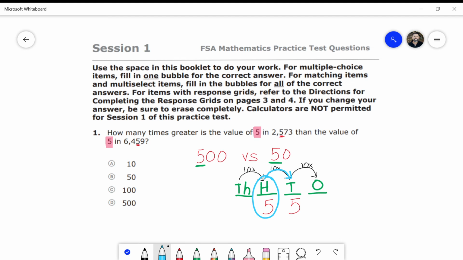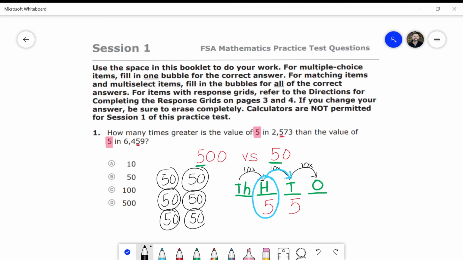Right? So if I kind of drew a little model to help us see that, if I have 50, and if I want to go from 50 to 500, what I do is I just go ahead and write the number 50 over and over again. I'm repeating that until I get to 500. So right there I have 6, and if I keep doing that, so that's 7, 8, 9, and then let me just put that other one right up here.